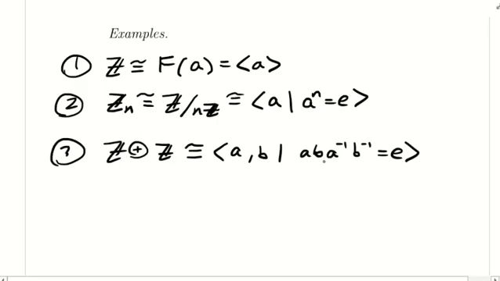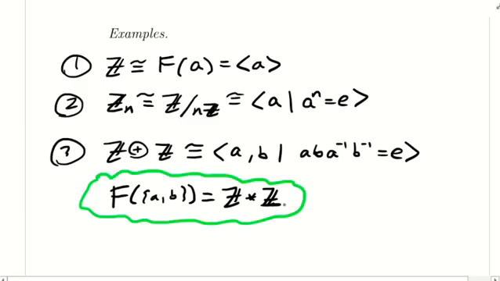It's the abelianization of the free group on two generators, right? So the free group here on the set A, B is not equal to this. It's pretty weird. This is sometimes denoted by Z star Z, okay? I don't think we use this notation in our textbook, but it's a really interesting thing here.